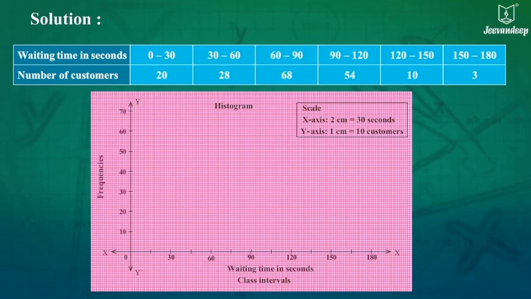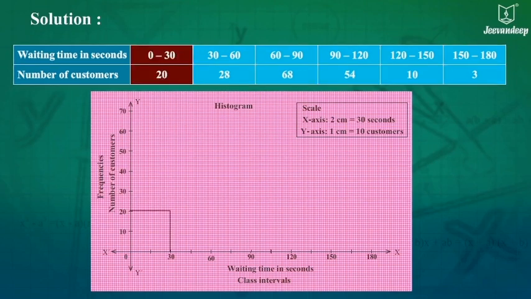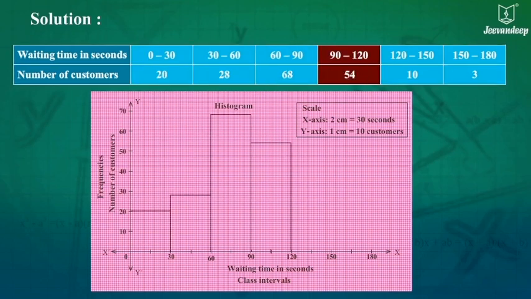Take frequencies, that is, number of customers in this case, on the y-axis. Draw rectangles on the x-axis with base as extended class intervals and height proportional to corresponding frequencies. This is the required histogram representing the given data.